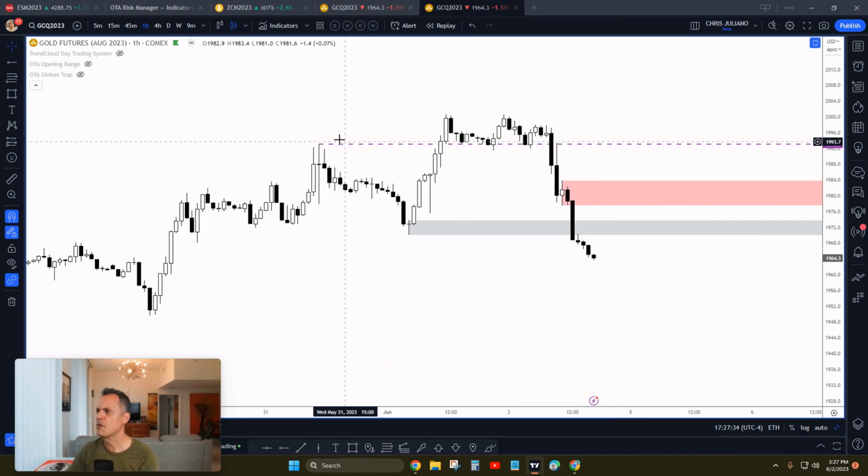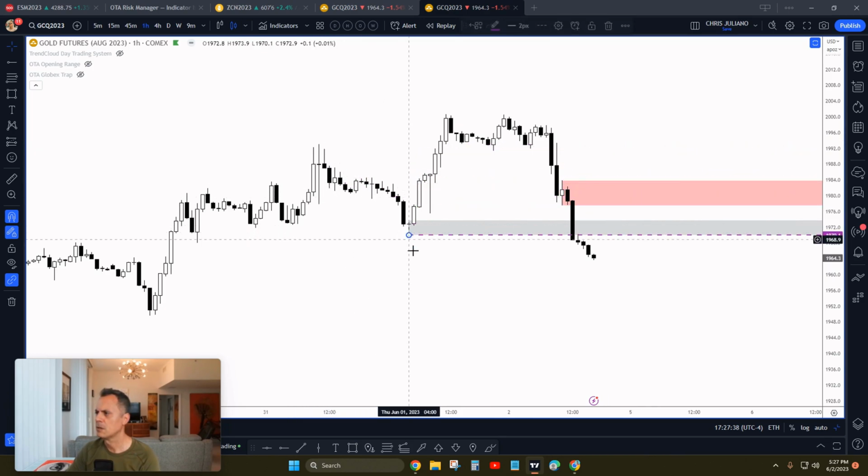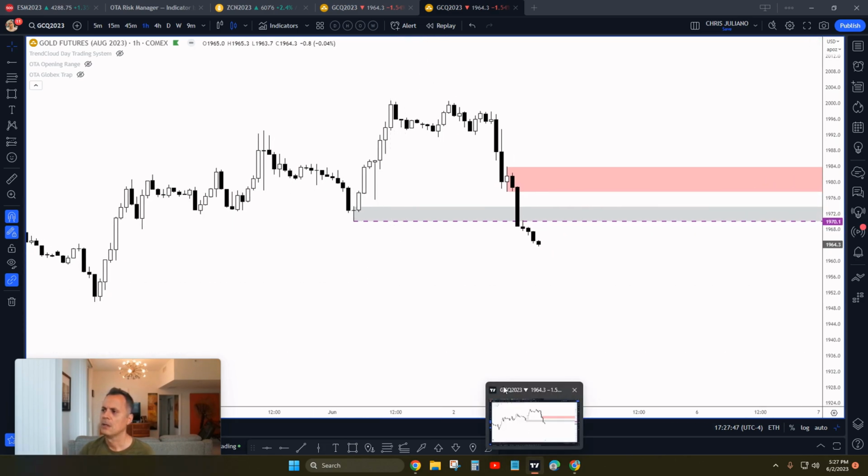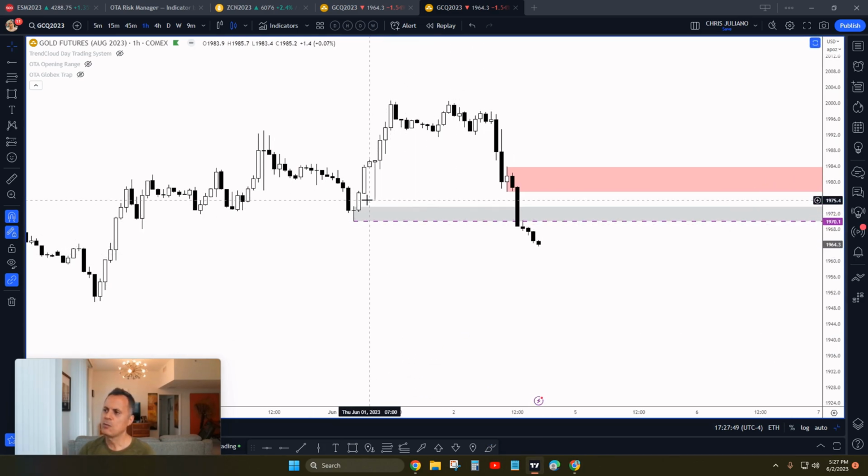We're going to go with this zone because this is the zone that caused the leg to break through previous structure. And the reason why we're paying very close attention to the fact that this leg broke this particular piece of structure is because it caused damage in the past.